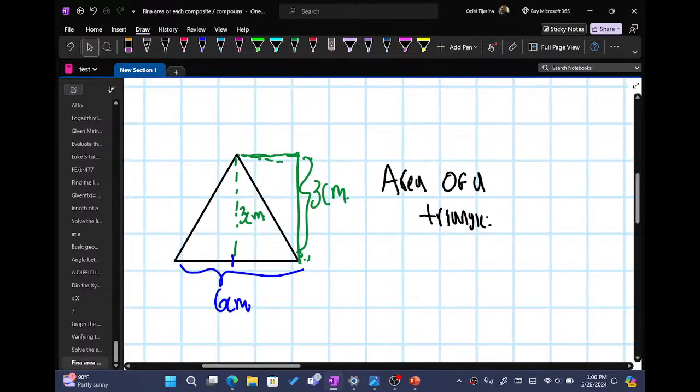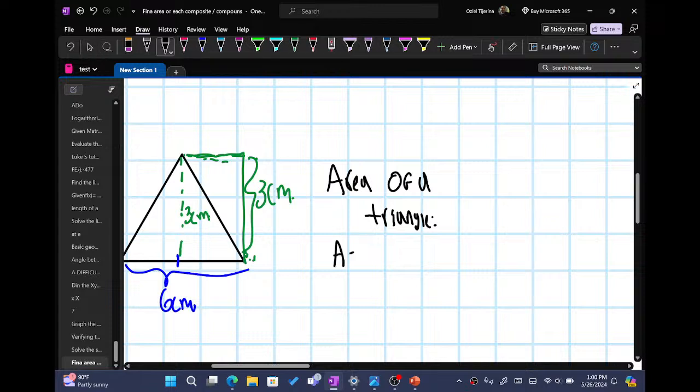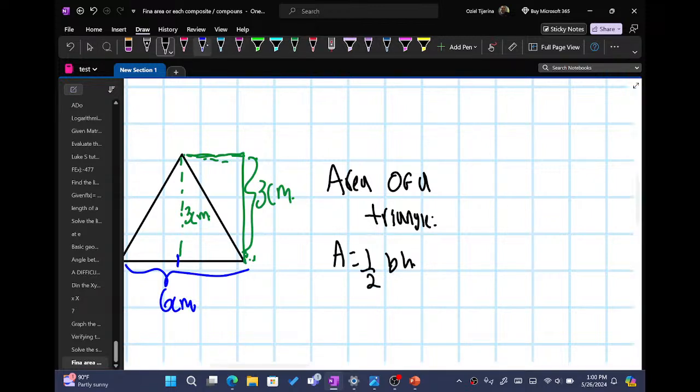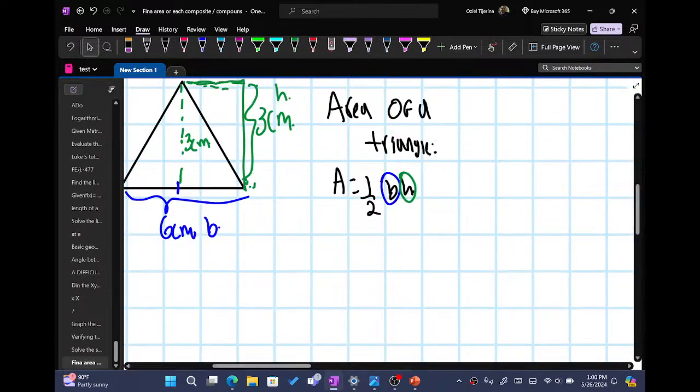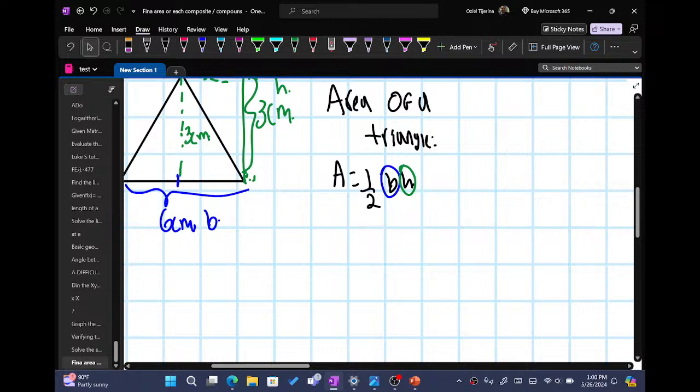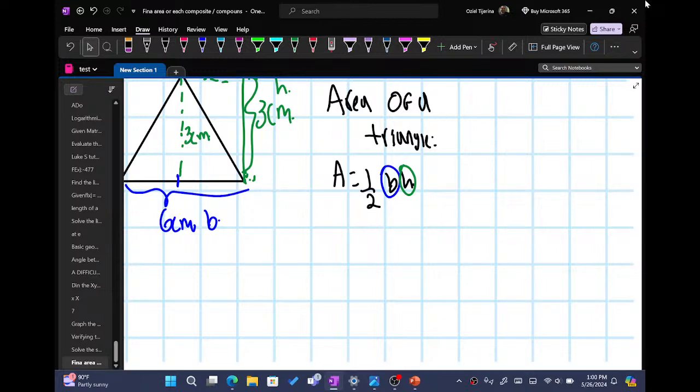Now, we can see here that the area of a triangle is area equals 1/2 base times height. Now the base is this part and the height is the green part. So the base is 6 and the height is 3.